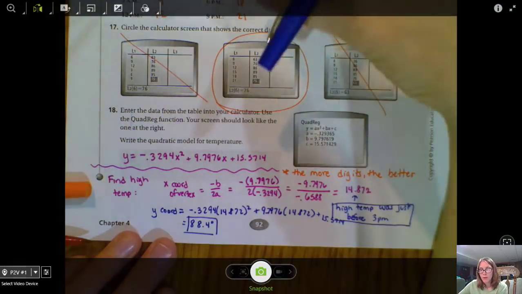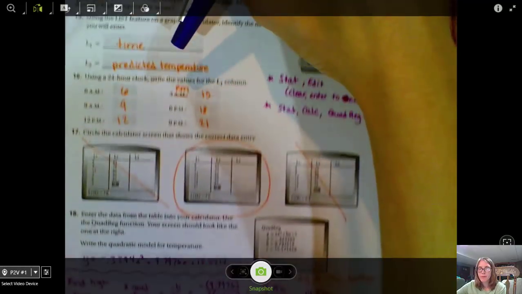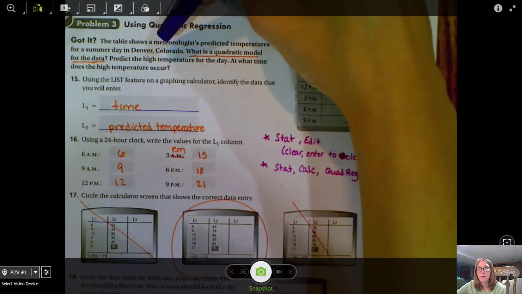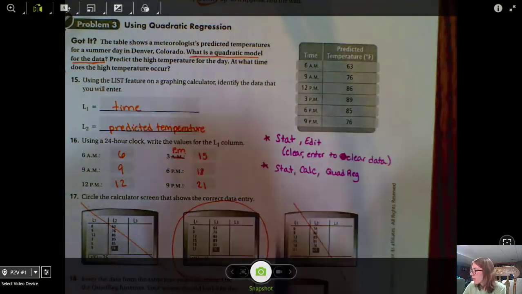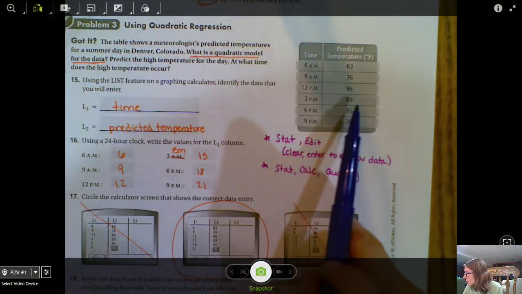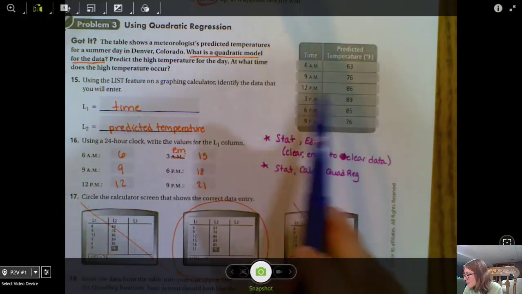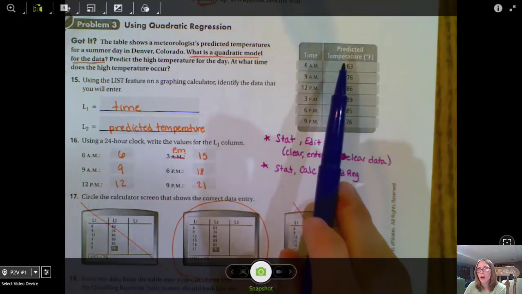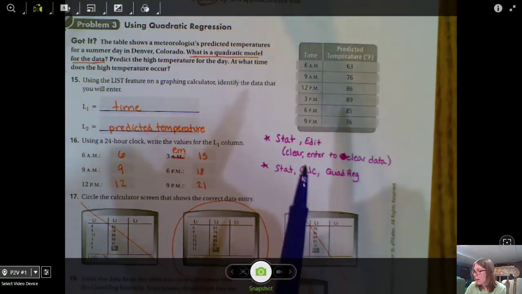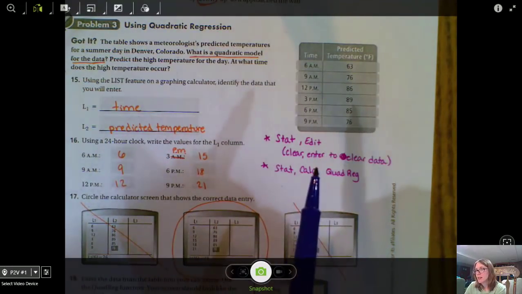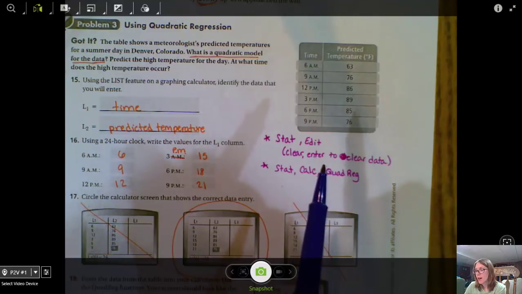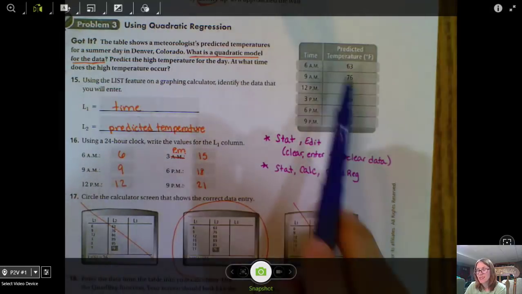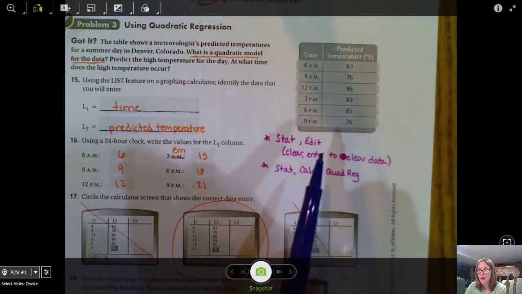One thing I want to point out, if you look back at our table, is that our table shows we reached a high temperature of 89 degrees. Keep in mind that this is, first of all, our meteorologist's predicted temperature. And our quadratic function from regression doesn't fit all of these points perfectly.